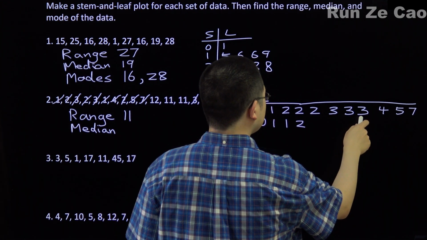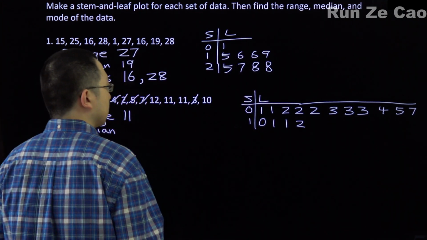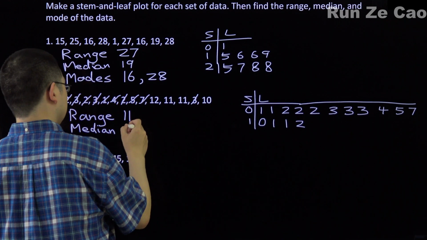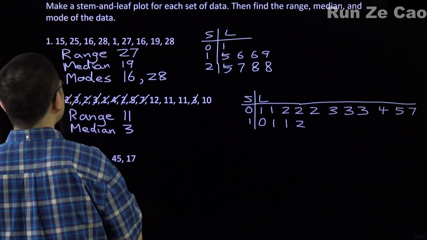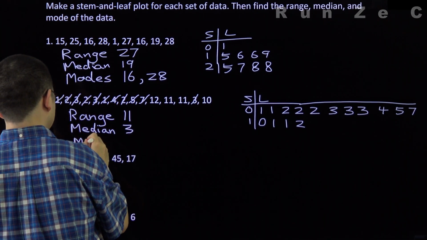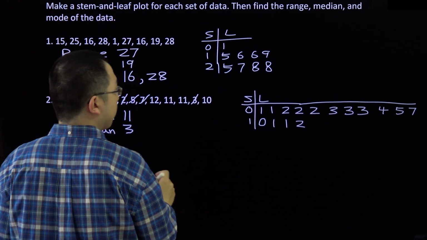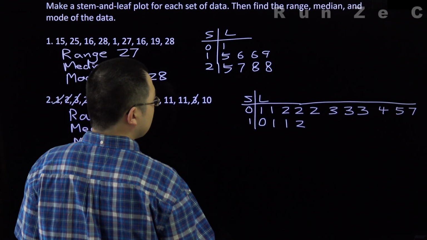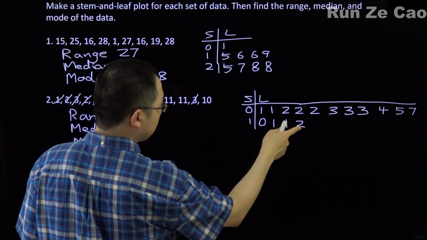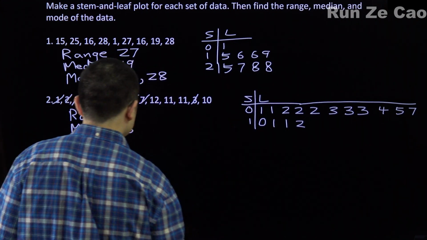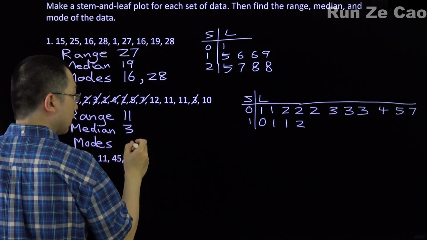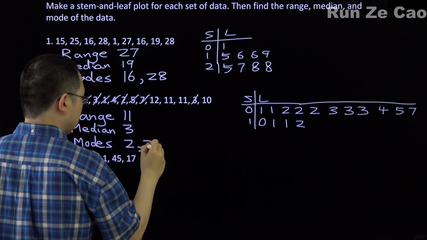The 8th number is 0, 3. So median is 3. And the mode: how many modes are there? Well, there's 3 2s and 3 3s. Nothing else reaches that many. So modes are 2 and 3.